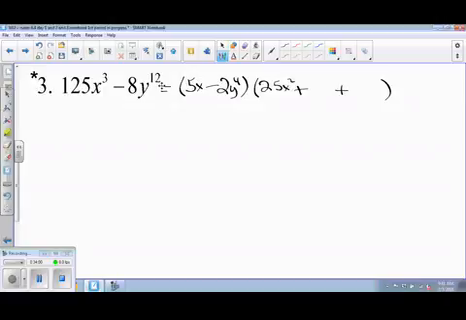Got to square 5 also, so 25x squared. Multiply them together. 5 times 2 is 10, x, y to the 4th. Now square the last term. 2 squared is 4. Y to the 4th squared is y to the 8.